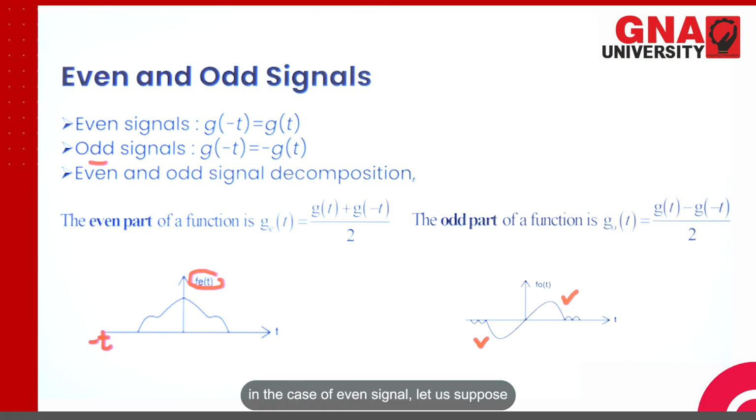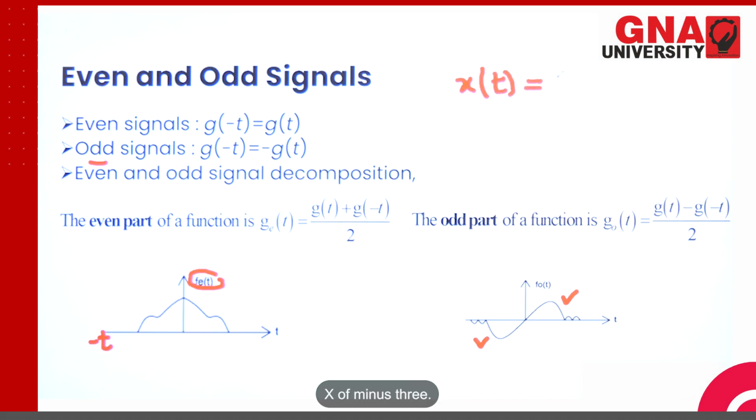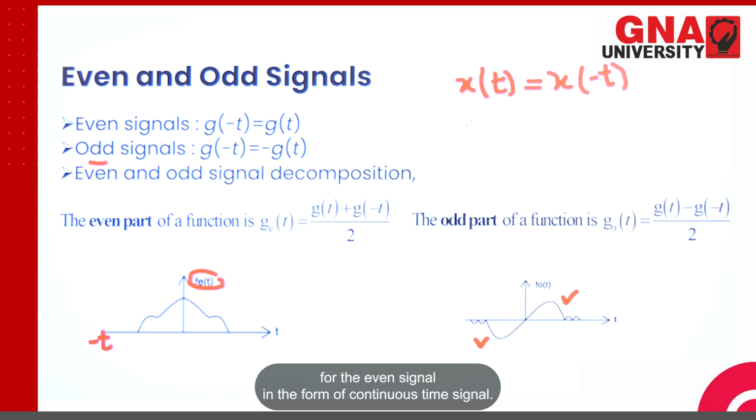In the case of an even signal, let us suppose we have a variable x of t. Then x of t is equal to x of minus t. That is the condition for an even signal in the form of a continuous time signal.